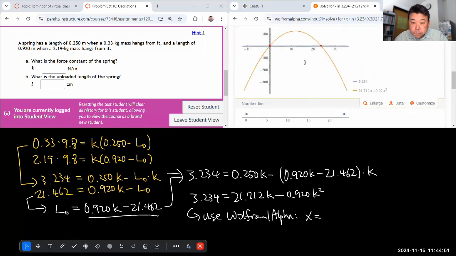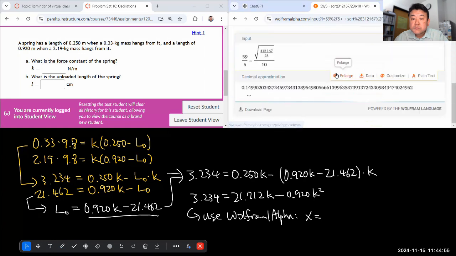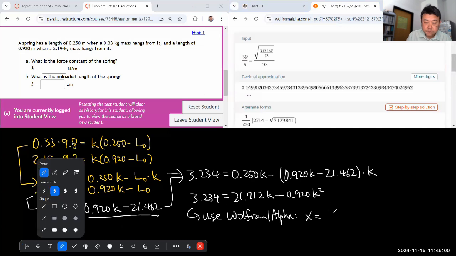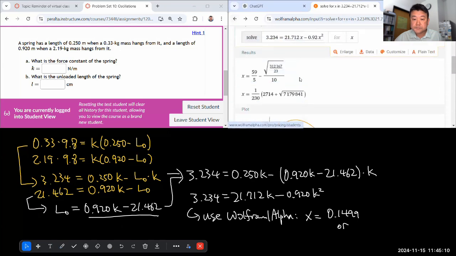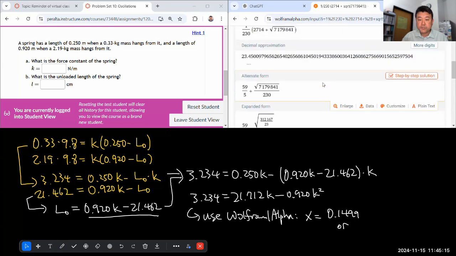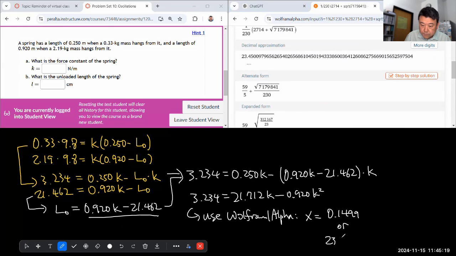So 0.1499, or the other one, 23.45. I think this is plausible.